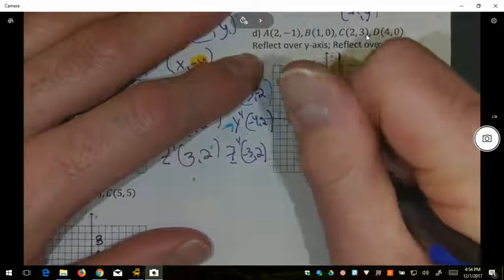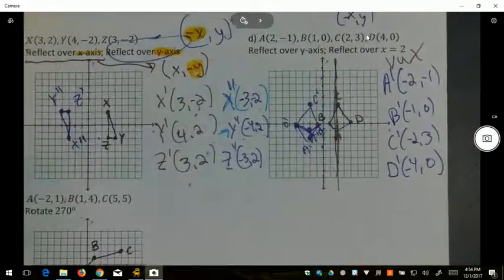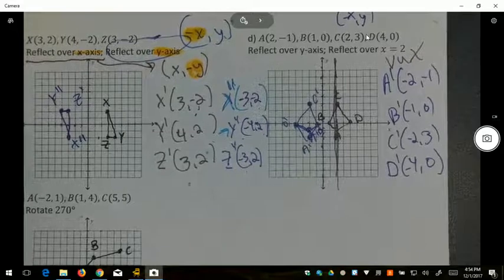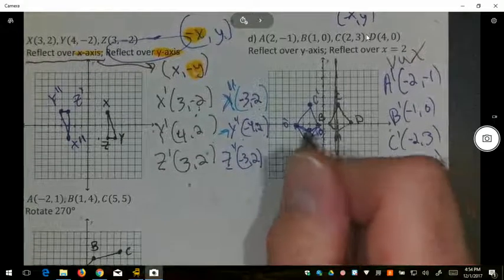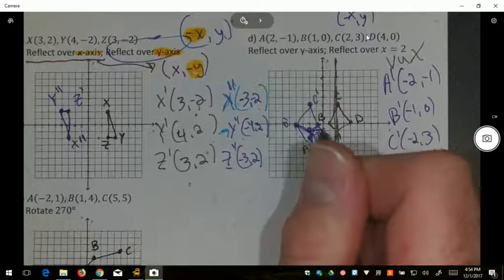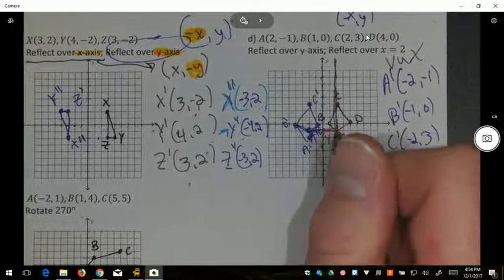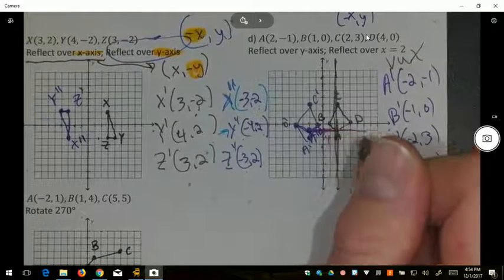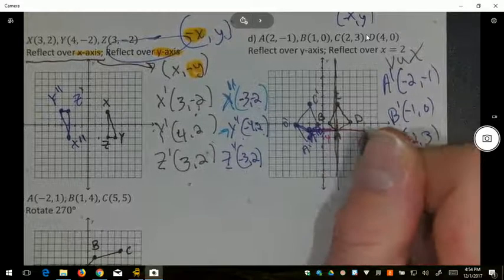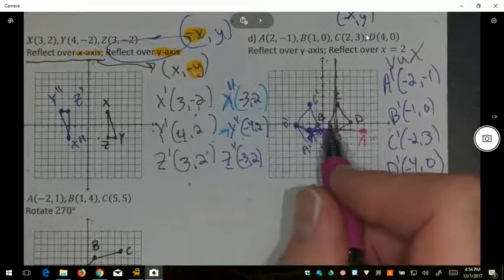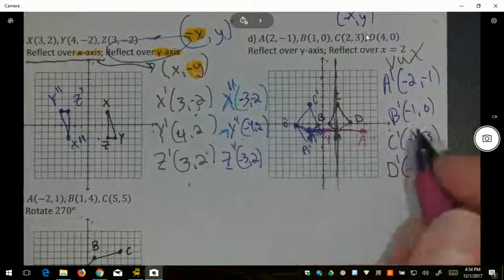That's A prime. Now I'm going to take all of those and reflect them over that line. So A prime is going to go 1, 2, 3, 4 units to get there. So on the other side, I have to go 1, 2, 3, 4. There's A double prime. That's sitting at 1, 2, 3, 4, 5, 6, -1.